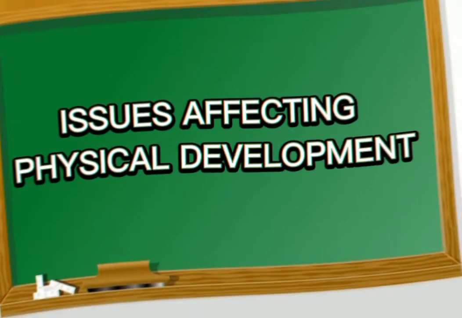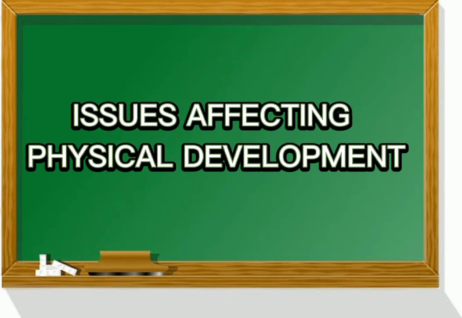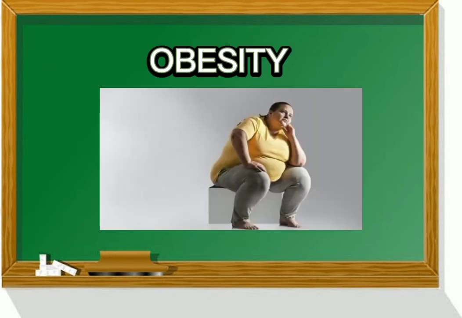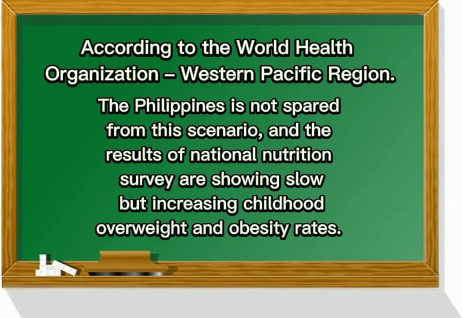training. There are some issues affecting physical development, namely obesity, childhood nutrition, and sleep. So first, let's find out why obesity becomes an issue affecting physical development. It is because obesity becomes a major concern for parents and healthcare providers since it seems it's becoming a trend.